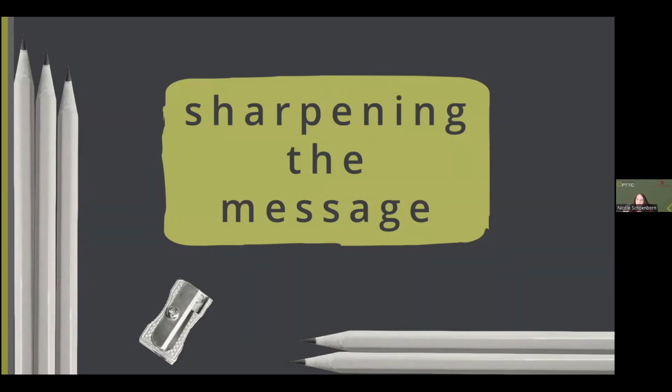And when you're putting up your charts, you can always use a statement at the top instead of just a boring title. Sheila does a great job of talking about this in her visualizing with data in Excel recording, so I'd encourage you to look at that, but really sharpen that message at the top of your chart to hone in on what you want them to notice about your visualization.